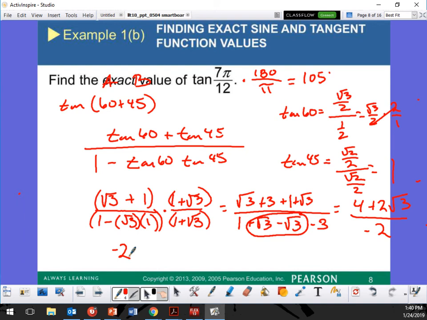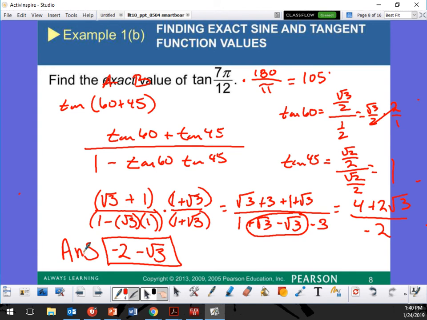And the next one's going to be positive 2 rad 3 over negative 2. I separated my fractions so I could divide each term by that number. Or you could have just factored out a 2 from the top and then canceled. Either way, it's the same thing.